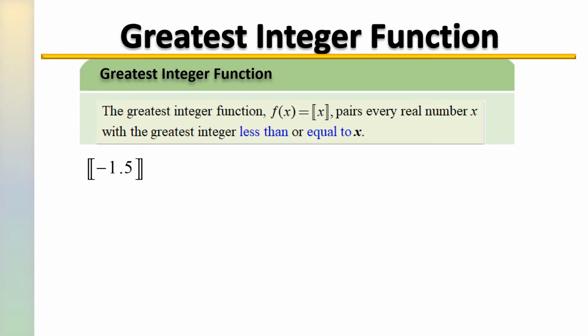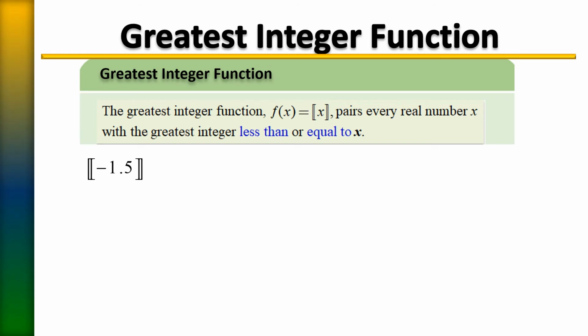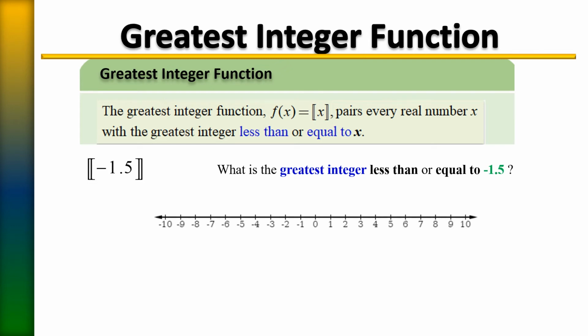Here we want to find the greatest integer that is less than or equal to -1.5. So let's take a look at our number line and identify where -1.5 is. We know it's going to be on the negative side, and it's actually going to be between -1 and -2.